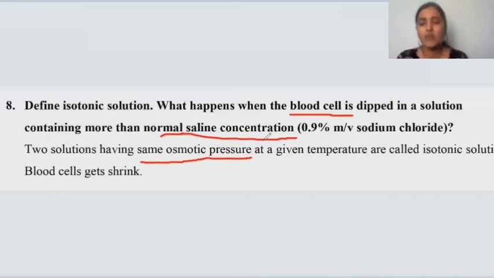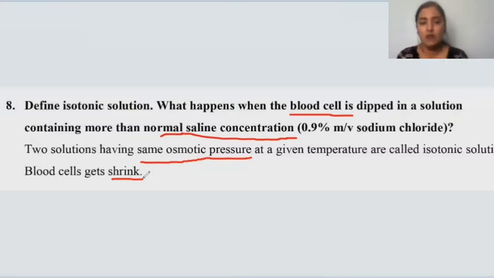Now, the blood cell concentration is less and the normal saline solution concentration is higher, so there is a movement of solvent molecules from a lower concentrated solution to a higher concentration solution. The solvent particles move out of the blood cell, so the blood cell is going to shrink completely.